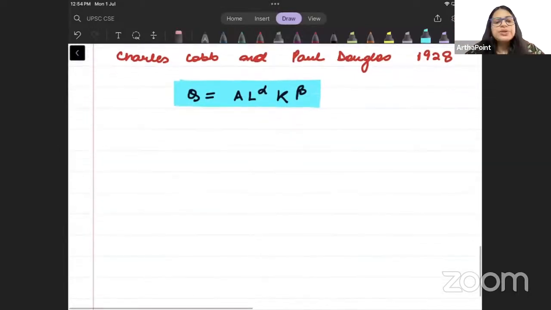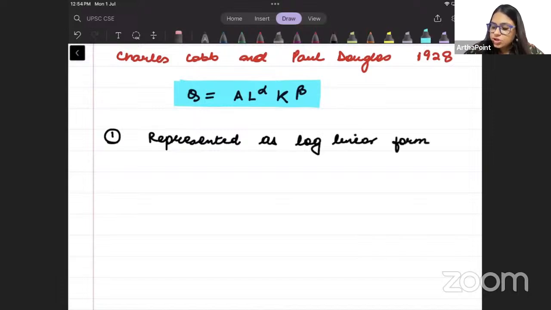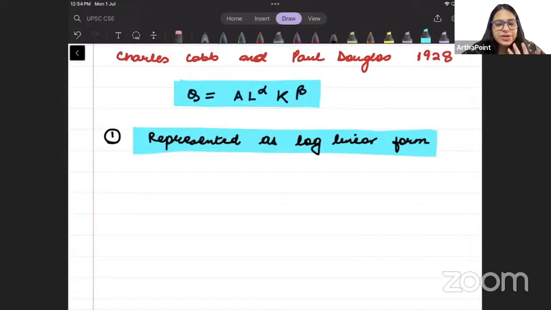There are some properties of this production function. एक एक करके देखेंगे. So the first property of this production function is that it can be represented in what is called a log linear form. ये जो question है that represent this production function as log linear form has been asked in multiple exams.